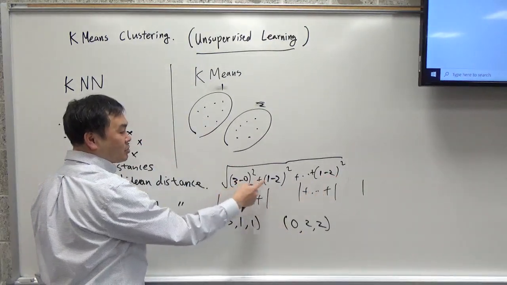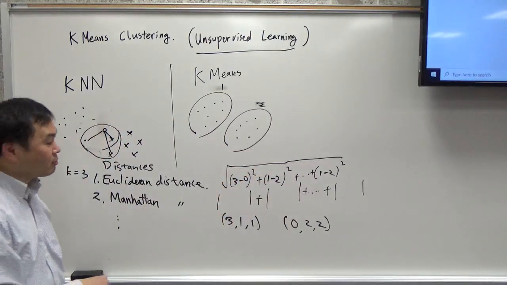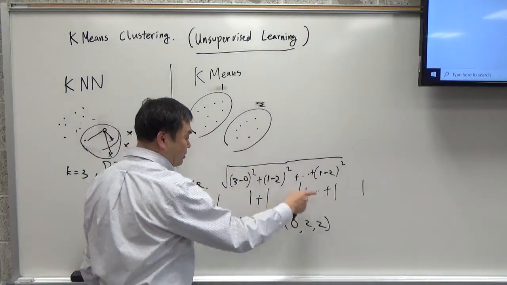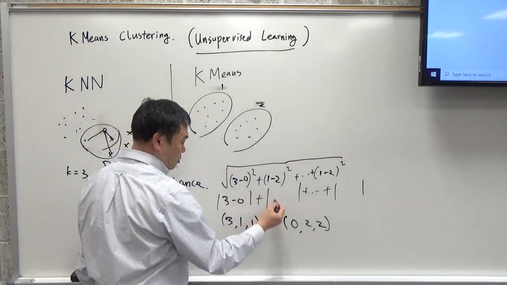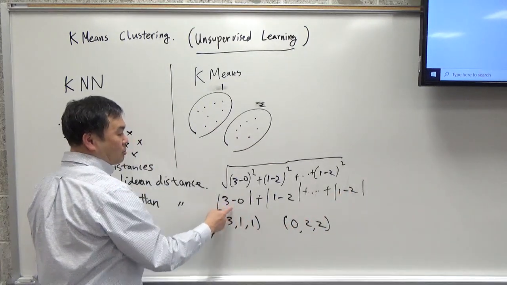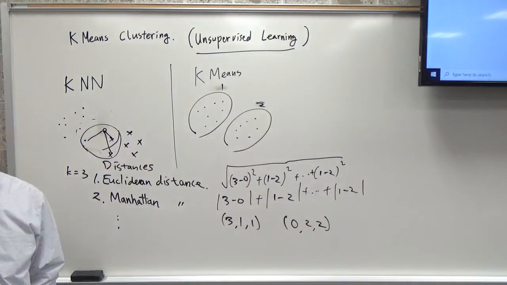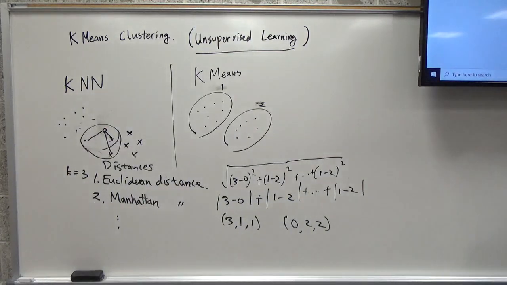So it will be 9 plus 1 plus 1, the square root of 11 will be the Euclidean distance between them. Whereas the Manhattan distance will be 3 minus 0, 1 minus 2, 1 minus 2, so you're going to get 3 plus 1 plus 1, which is 5. Okay. You have different ways of figuring out the distance.